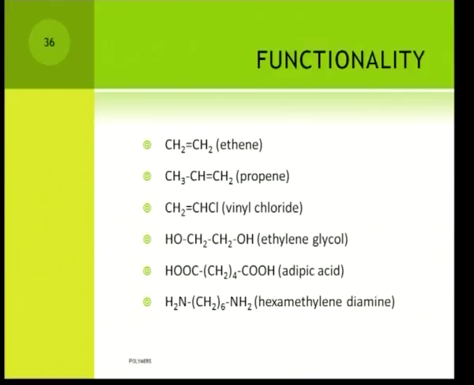Similar to this compound, you have adipic acid where you have COOH and COOH contributing towards the bifunctionality of this monomer, and in the case of hexamethylene diamine, it is going to be from the amine group, that is NH2 and NH2, that are once again present in this monomer, which gives the way for the molecule to behave as a monomer to form the polymer.